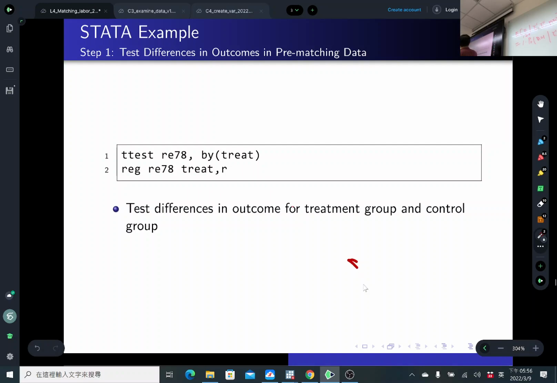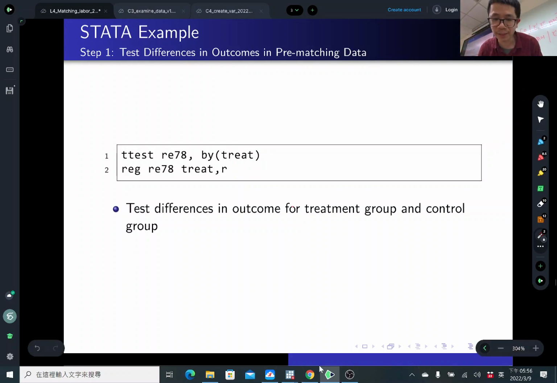Equal to 1 means the treatment group, 0 means the control group. Basically you use the t-statistic to evaluate whether the earnings of the treatment group and control group are different or not.